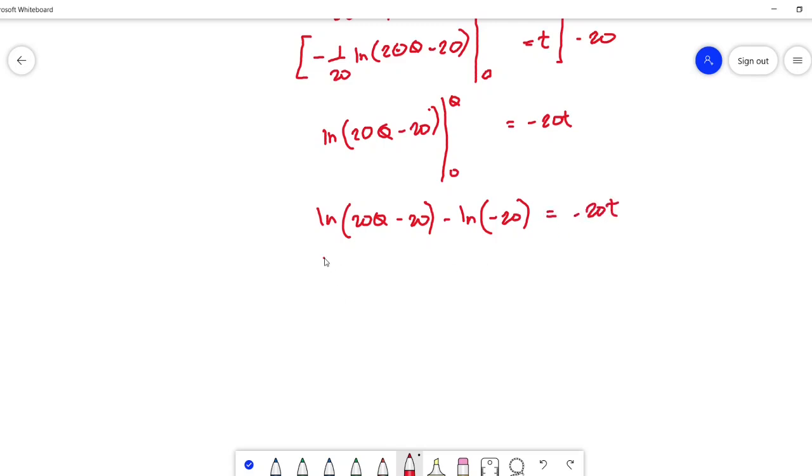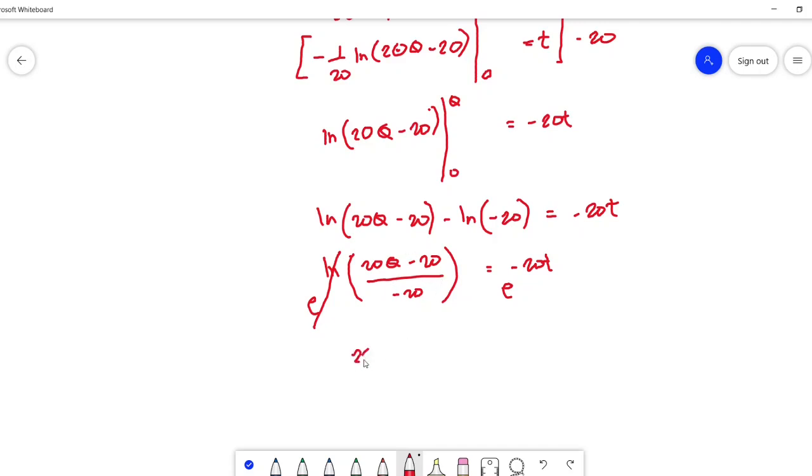By the laws of natural logarithm, we can write ln of 20q minus 20 over negative 20 is equal to negative 20t. So solving for q, we need to isolate the variable q, so we can exponentiate both sides. So we put e on both sides, so e raised to ln will cancel out, and what would remain is this component here.